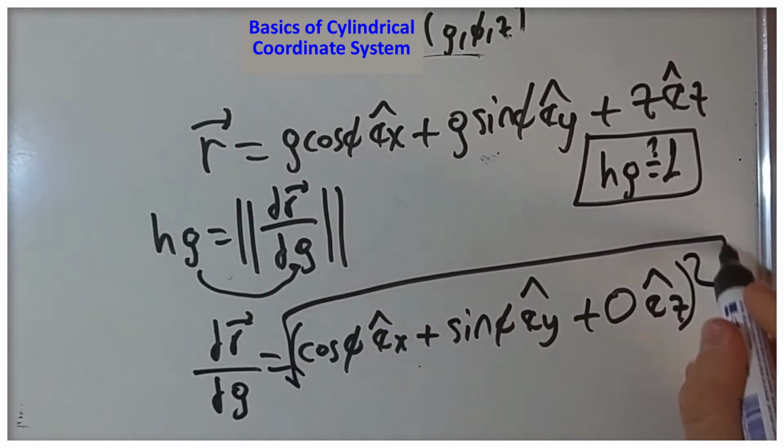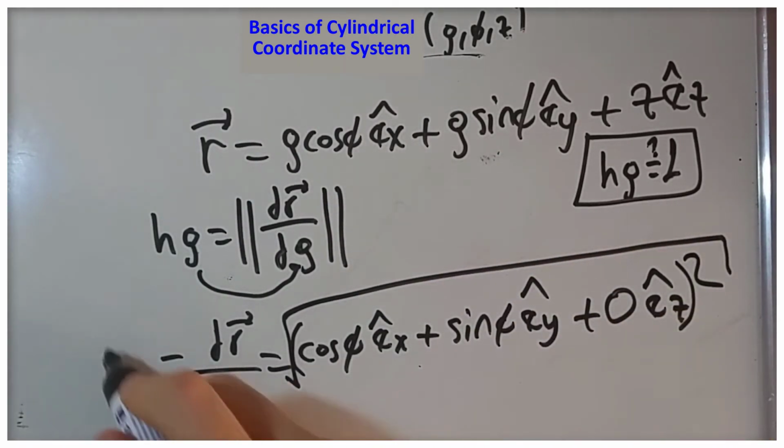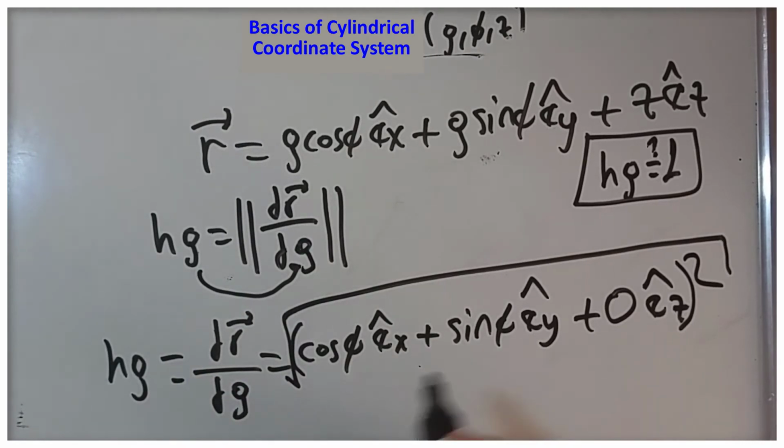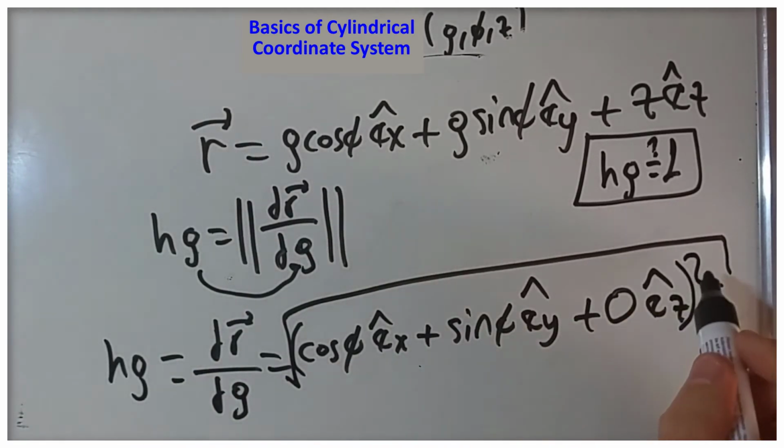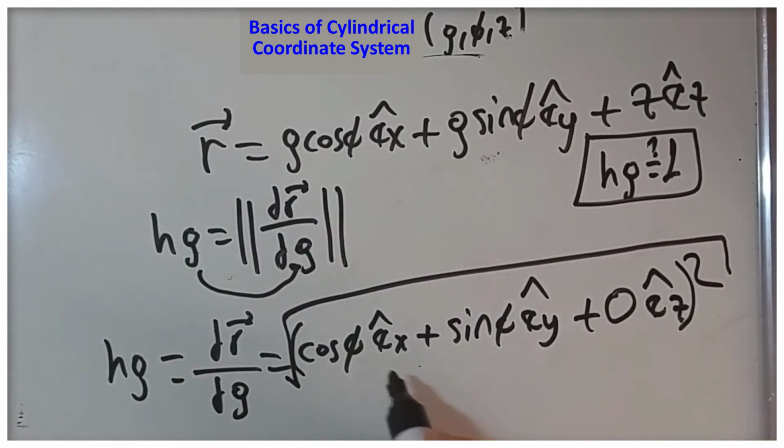Let's do it again. Multiply this by itself. If I multiply it by itself, those in the same direction will give ex times ex, and ex times ey is 0. All I need is the part where ex times ex. So what will come from here? Let's write here again.